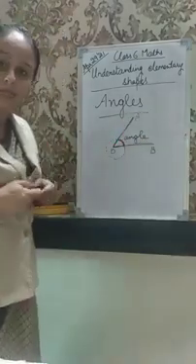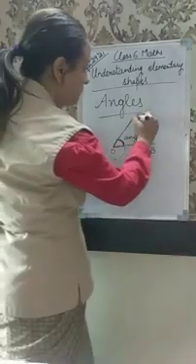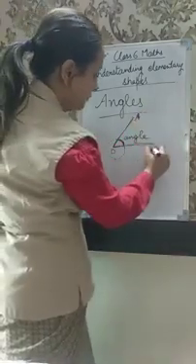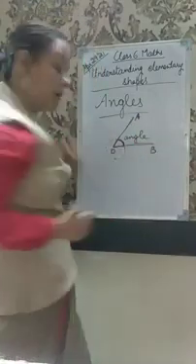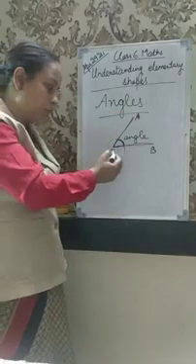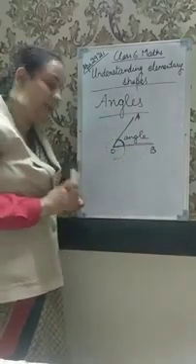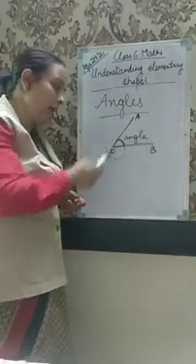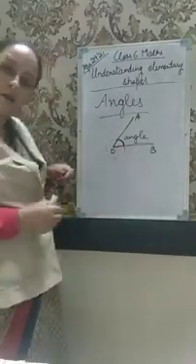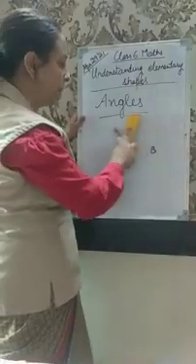Suppose AOB is my angle. So what are the arms of the angle? The arms of the angle are OA and OB. I repeat myself, the arms of the angle are OA and OB. Got it?